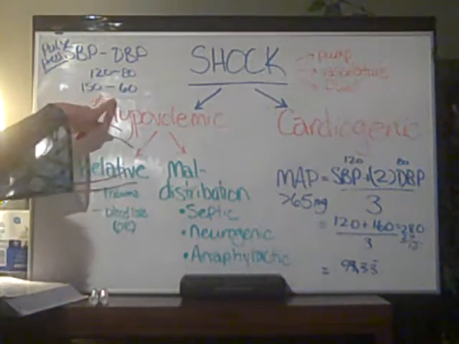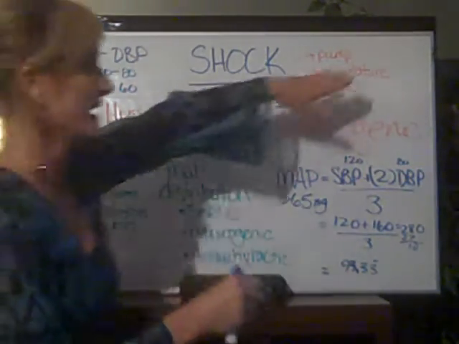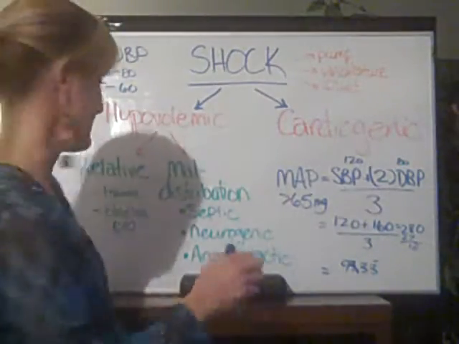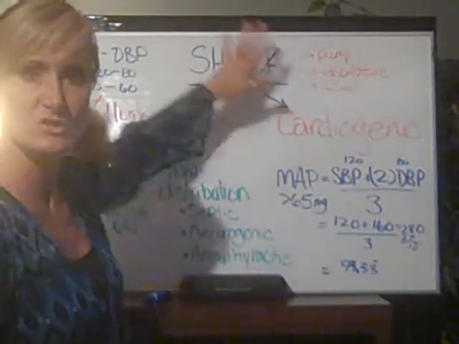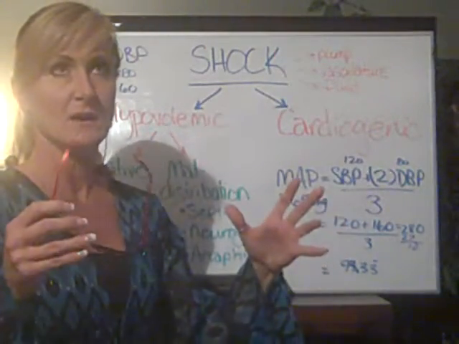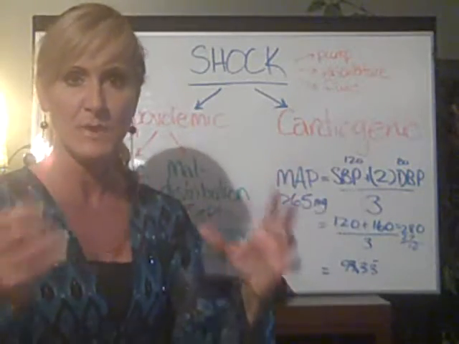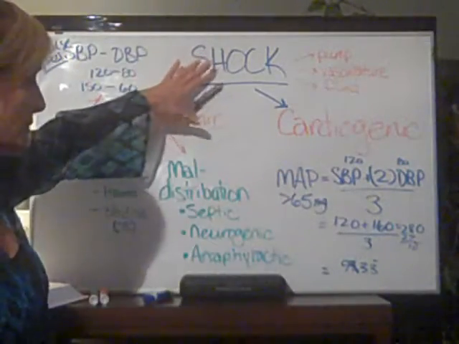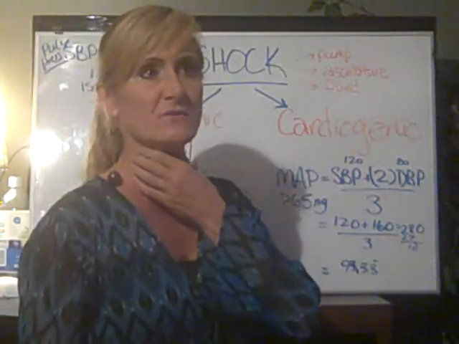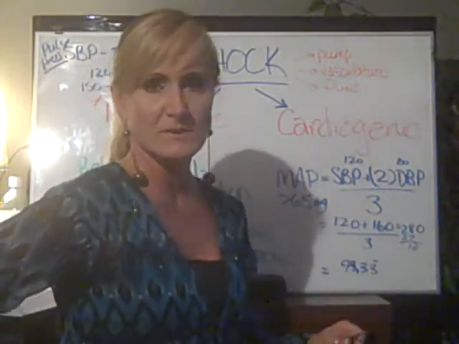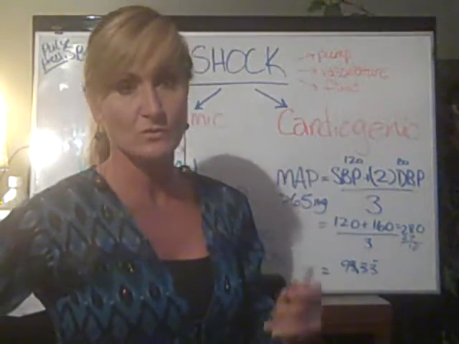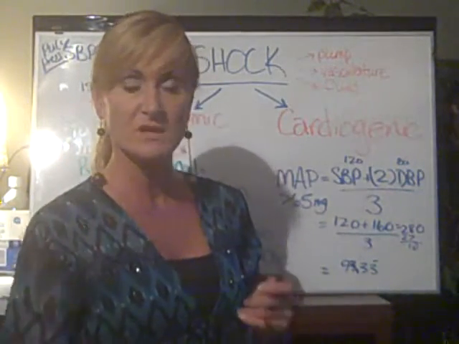That's another indication that your vasculature is not able to maintain proper compensatory mechanisms, because when your patient is in shock, it is essential that they maintain adequate compensatory mechanisms. So for example, your baroreceptors, those are the receptors in your carotid arteries. You've got receptors in your kidneys that are very sensitive to blood pressure and fluid levels.